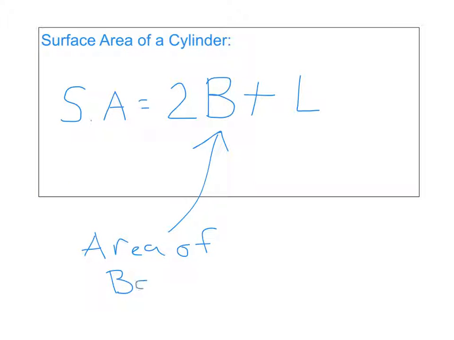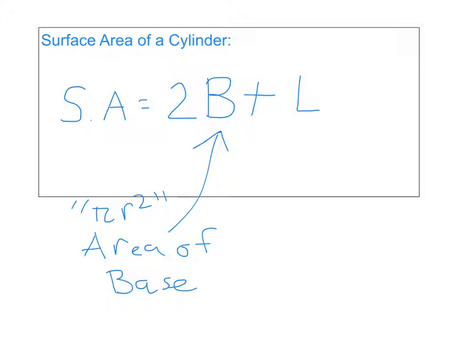Now what is the shape of our base? Well, if we're looking at a cylinder and we identify the top and bottom of it, it's going to be a circle. So here we're going to be using pi r squared. That's a formula we already know. So we're going to find the area of that circle, and then we're going to take it times 2 because understand we got both the top and the bottom.